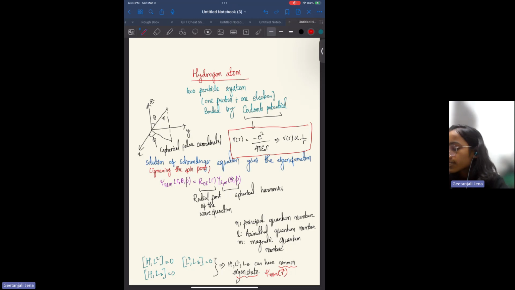For this kind of potential, instead of solving in the Cartesian coordinate system where we use x, y, z, we solve in the spherical polar coordinate system, which is nothing but a conversion from the Cartesian coordinate system.